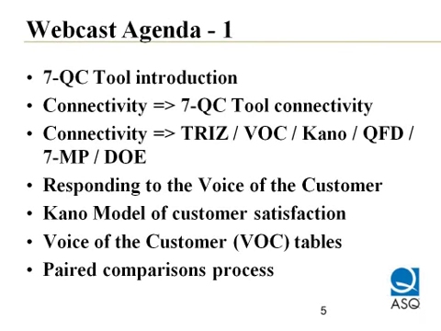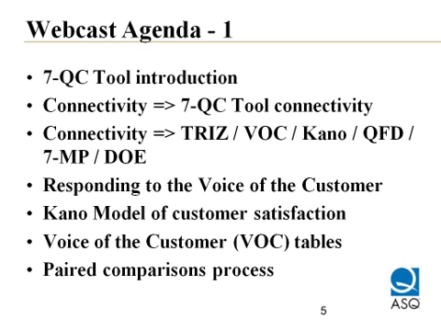Here's the agenda, a couple of pages of agenda. We'll talk about the 7 QC tools, and then connectivity with the QC tools, and then connectivity with discussion focused on trees, the voice of the customer, the Kano model, quality function deployment, the 7 management and planning tools, and design of experiments.